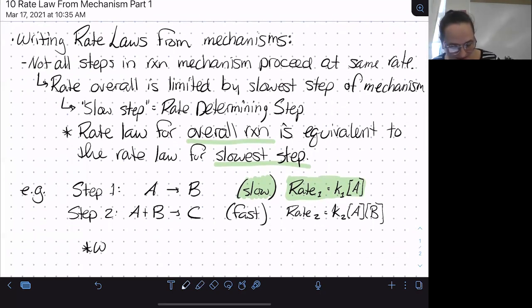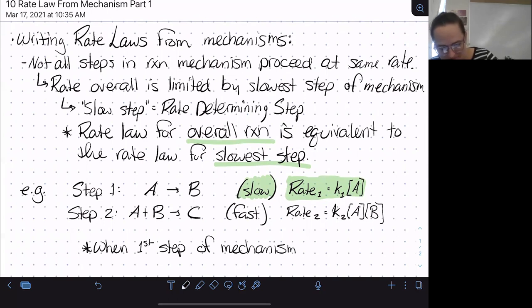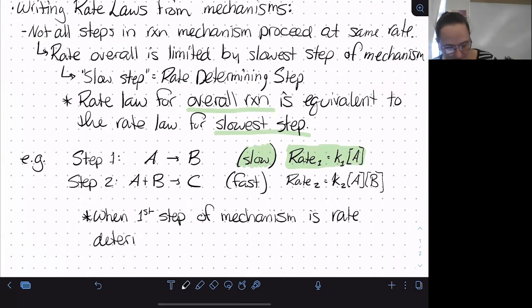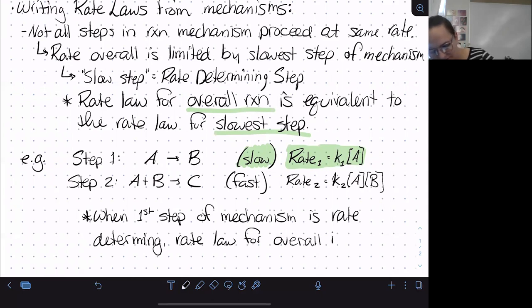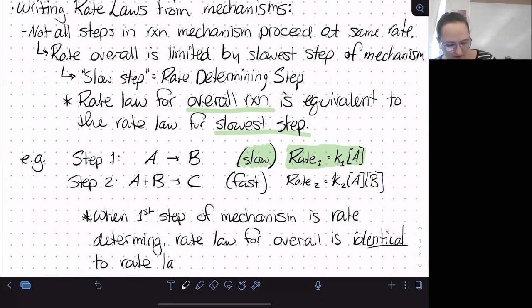But when the first step of your mechanism is the rate determining step, the rate law for your overall reaction is identical to the rate law for your slow step.